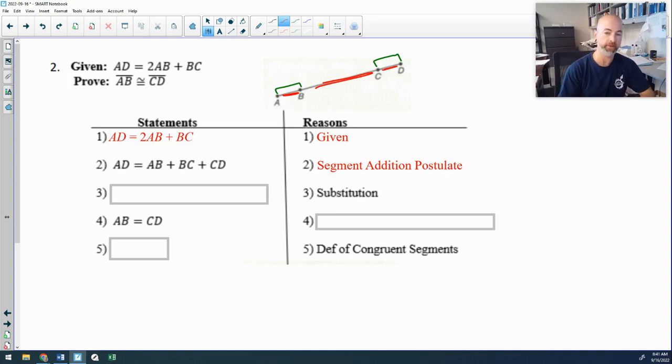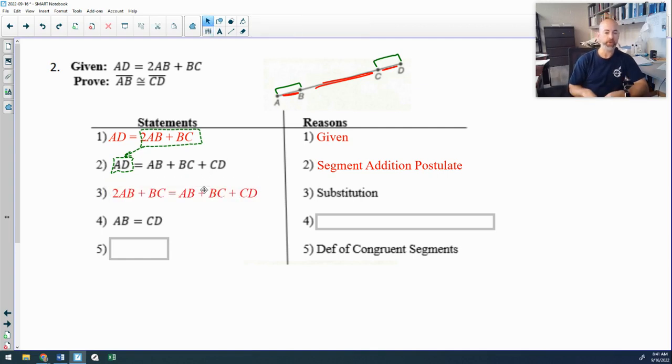Those 3 segments together do form the segment AD. And with substitution, if I know that AD is equal to all of this stuff, then I can take all of this stuff and I can, actually, I'm going to substitute the other way. If I know that AD is equal to 2AB plus BC, I can take 2AB plus BC and I can substitute that in for the AD here because they are equal to each other.